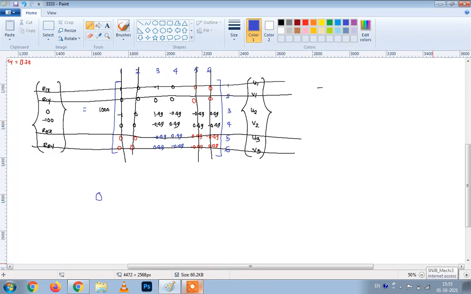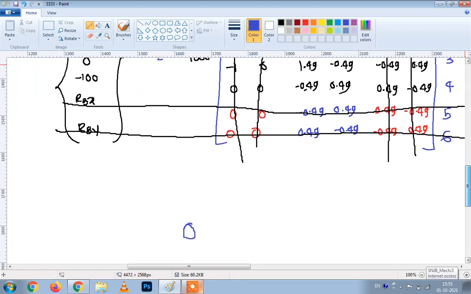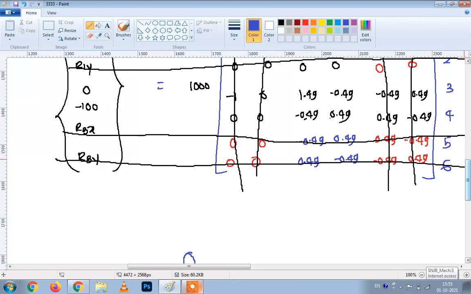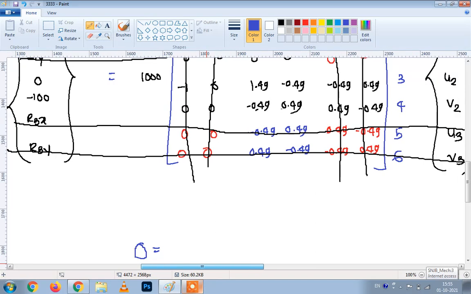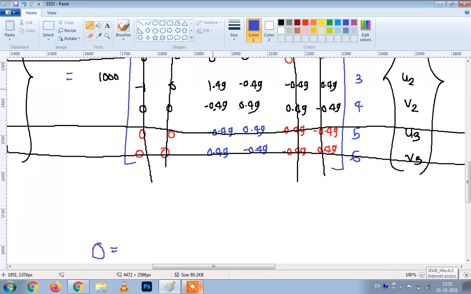0 is equal to, here 0 is equal to this first. Now we are simply multiplying here with this 1.49 into this U2. Here is minus sign, so minus 0.49 into this V2.